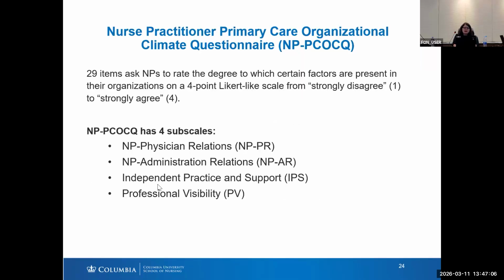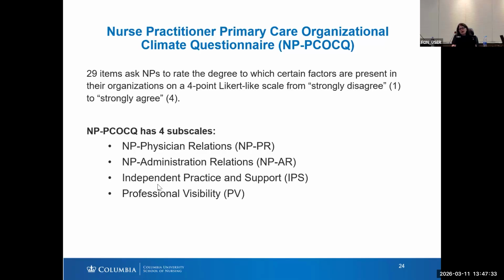The instrument has 4 subscales. It has 29 items. The items ask nurse practitioners to rate the degree to which certain work characteristics are present within their organizations. So it asks questions: tell me about your relationship with the physicians, teamwork, communication, support you get from administrators.